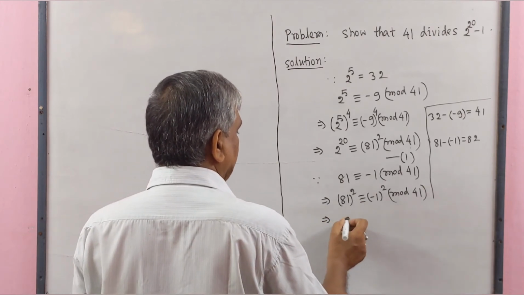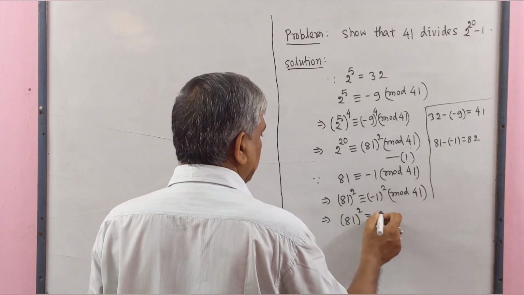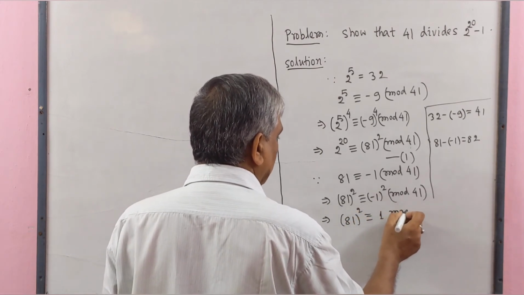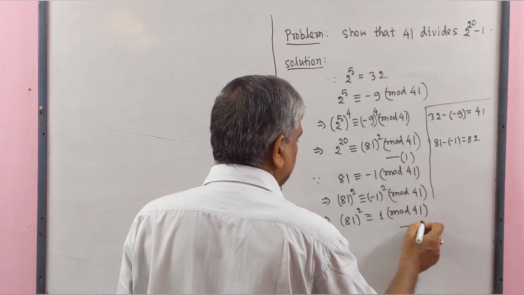Implies that 81 squared is congruent to 1 modulo 41. This is number 2.